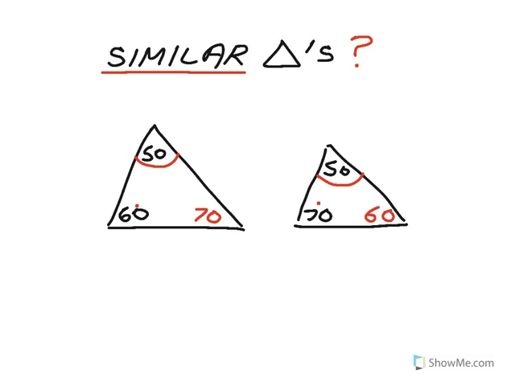So you know that if two angles of a triangle are congruent to two angles of another, the third angles also have to be congruent to each other. But either way we look at it, we've got all three of these angles now congruent to the other angles. So definitely, yes, these two are similar triangles.